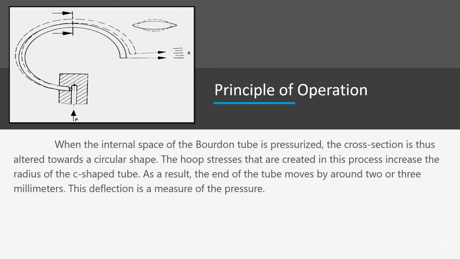As a result, the end of the tube moves by around 2 or 3 millimeters. This deflection is a measure of the pressure. It is transferred to a movement which turns the linear deflection into a rotary movement, and via a pointer makes this visible on a scale.